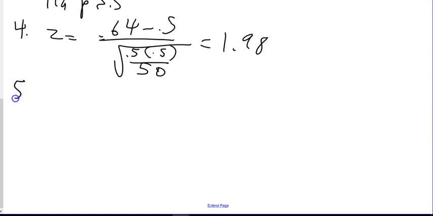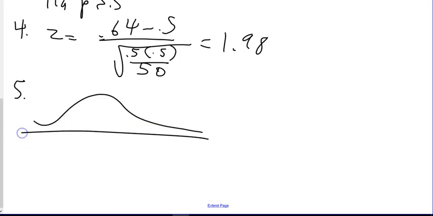Which leads me right into number 5. When I do my sort of non-skewed standard deviation, I just real quickly put 1, 2, 3 in here. It doesn't have to be beautiful. 1.98 is going to be right here, right before the 2. Put it right there and just shade a little bit. That's good enough.